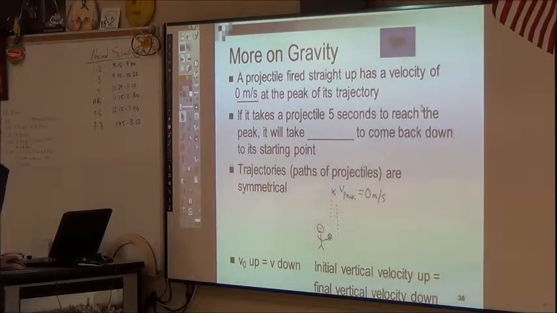If it takes a projectile 5 seconds to reach the peak, how long will it take to come back down? 5 seconds. Symmetrical. We're also going to ignore air here.